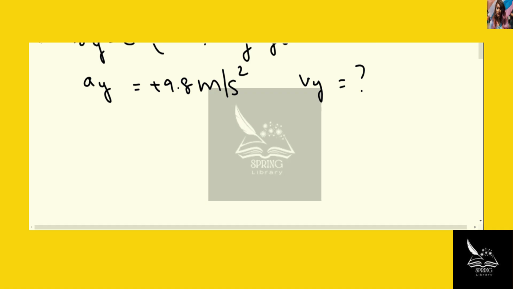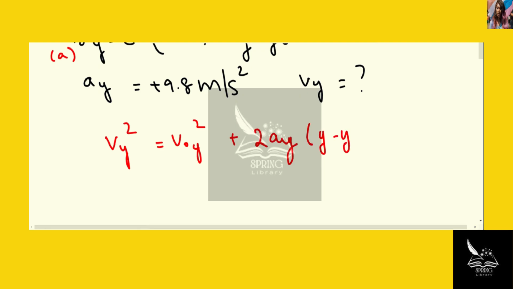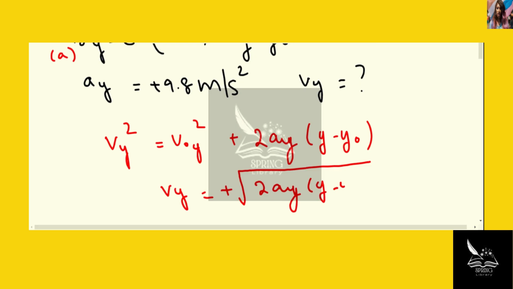So this is the A part. We have Vy squared equal to V naught y squared plus 2 ay into y minus y naught. We have been given all the values here. So Vy equals plus root of 2 ay into y minus y naught.